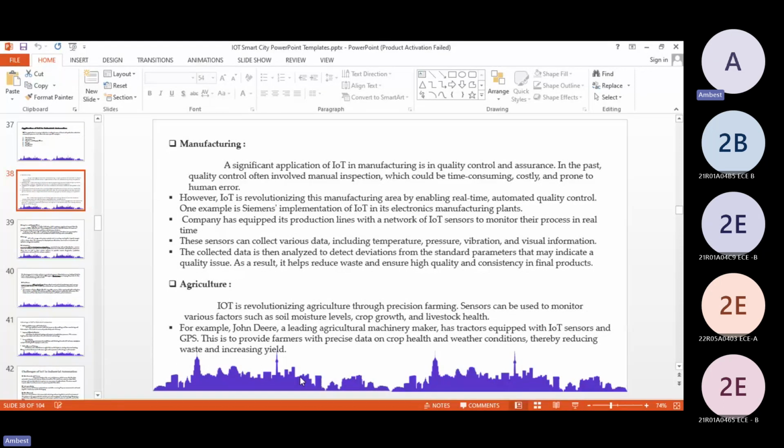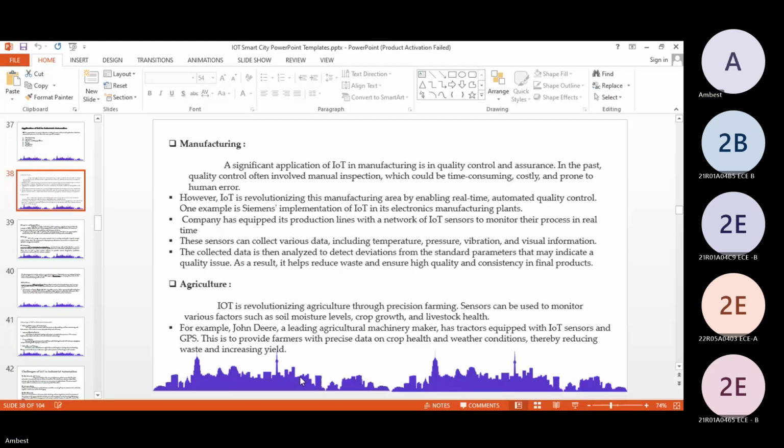Next, they collect various data, including temperatures, pressures, vibrations, and visual information. By analyzing this data, they detect deviations from the standard parameters and indicate the quality issue. As a result, it helps reduce cost and ensure high quality and consistency in the final products.